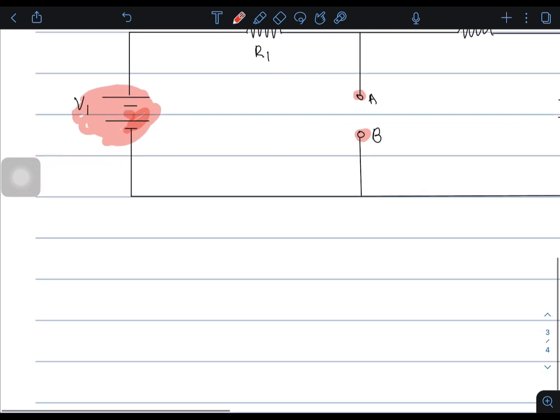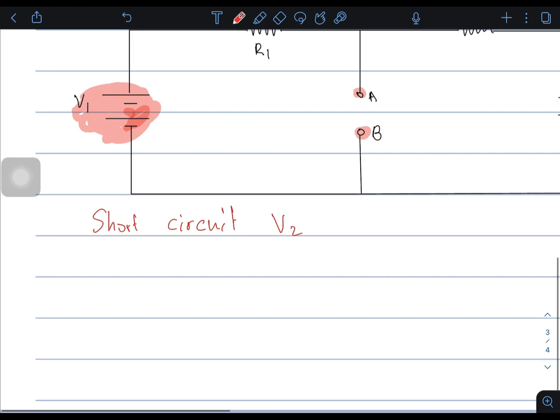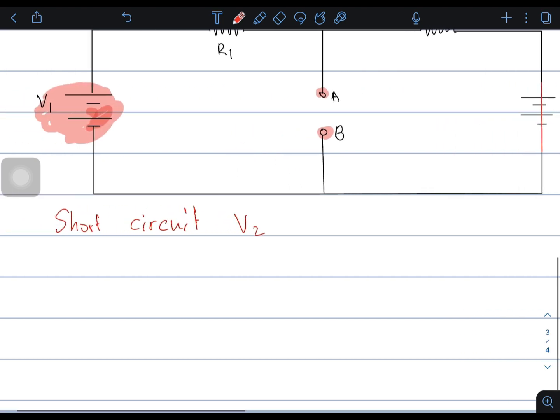So let us write down: short circuit V2. Now let us draw our circuit.